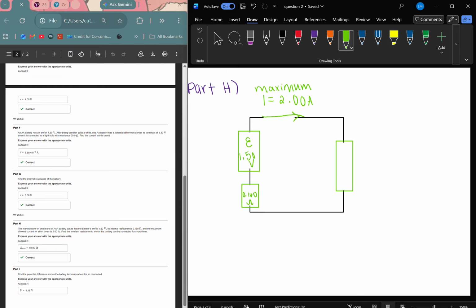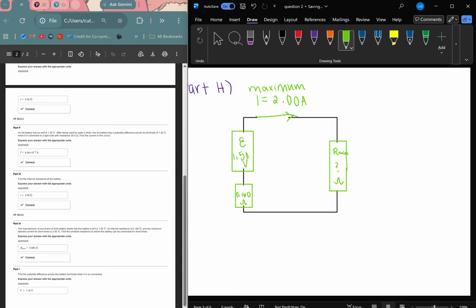And so the smallest resistance, we're going to put our minimum, basically. I'm just going to put minimum. Okay, and we don't know that, so that's what we are looking for, and that's going to be in ohms, obviously, because it's the resistance.